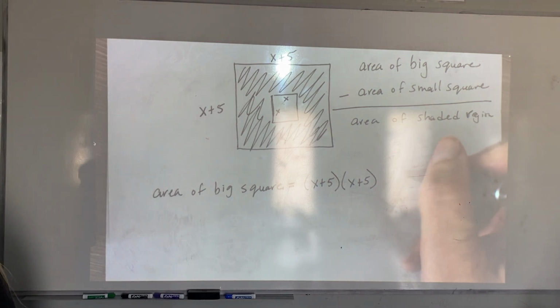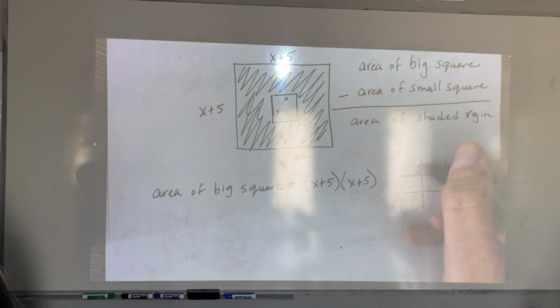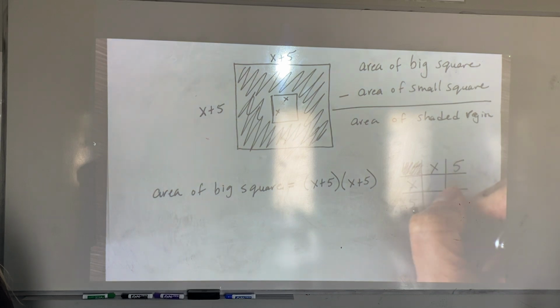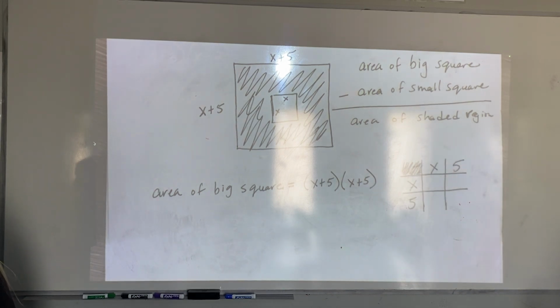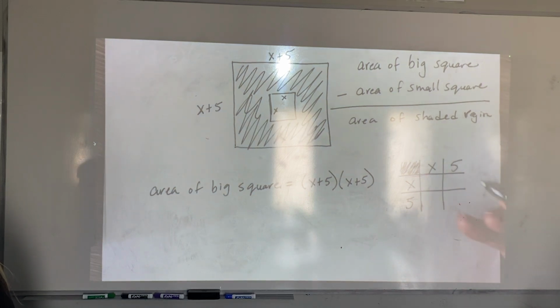Alright, I'll do my table over here. Just a regular old tic-tac-toe will be quite enough. Shade in the top left. And then we simply put our x and our 5 here, our x and our 5 here, and we start to multiply to fill in the empty boxes. X times x is?